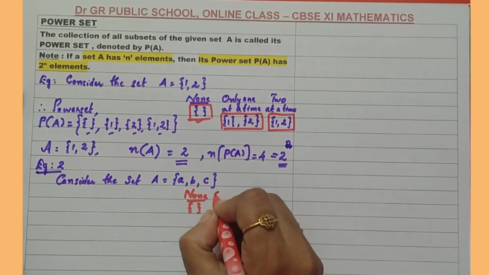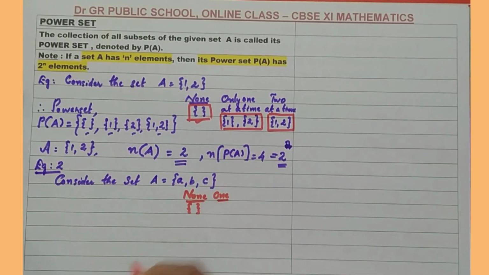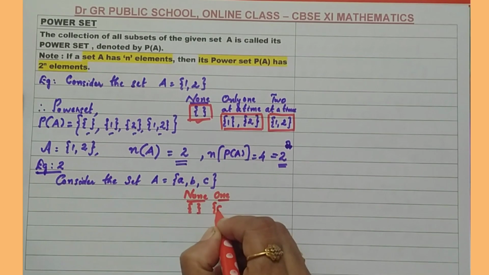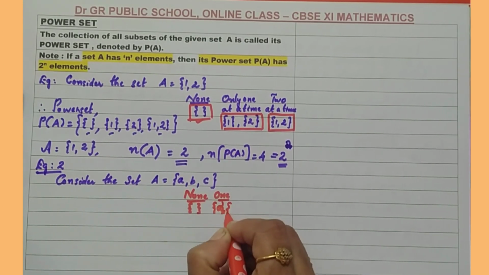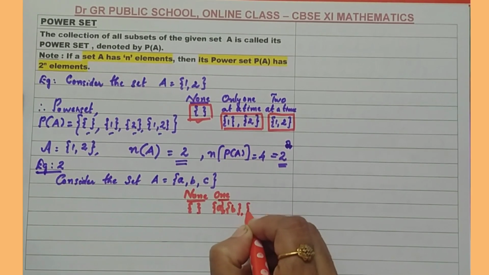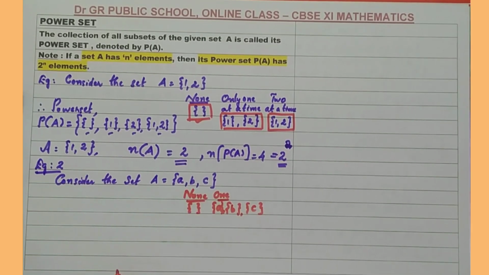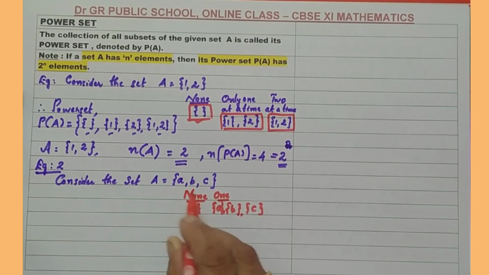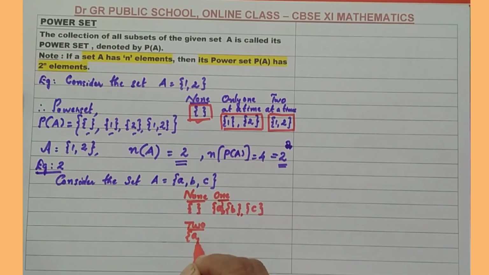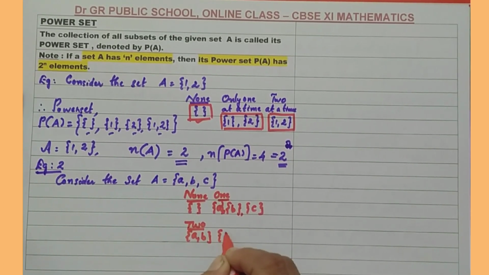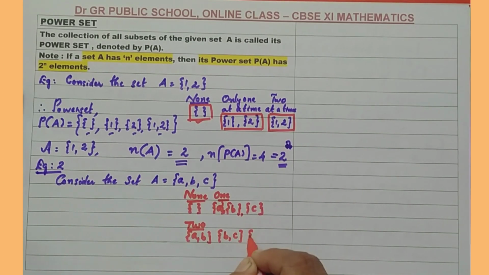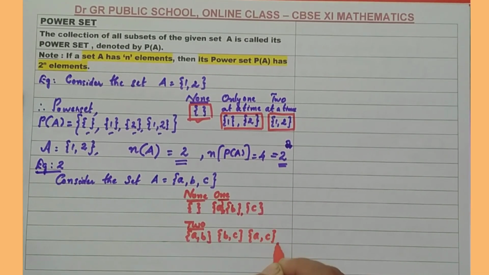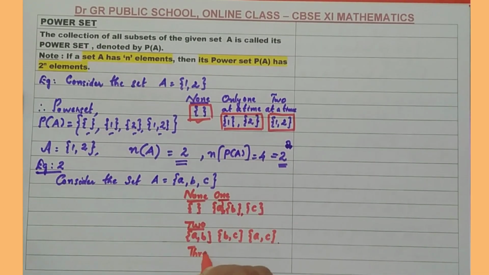If you are asked to take one at a time, then you can take either A or B or C. 3 sets are possible. If you are asked to take 2 at a time, the possible collections are AB or BC or AC. If you are asked to take 3 at a time, then the possible collection is ABC.